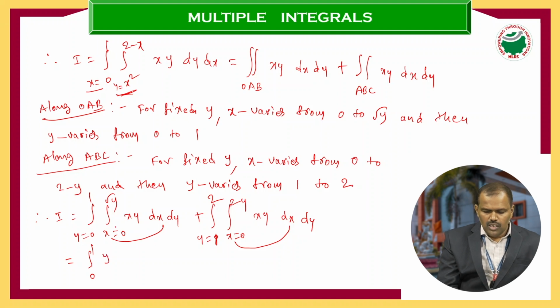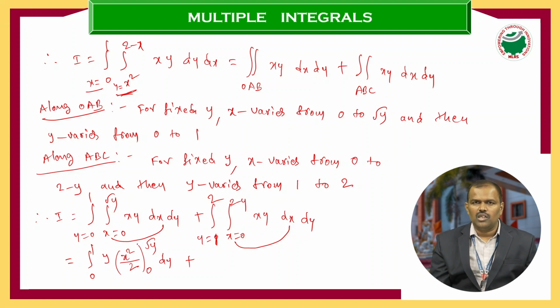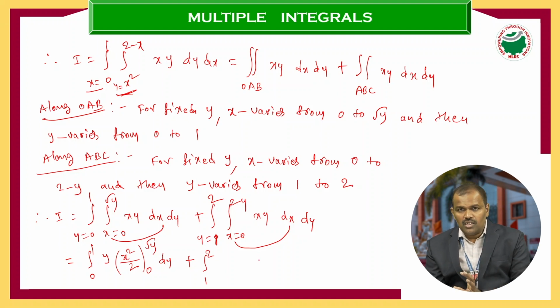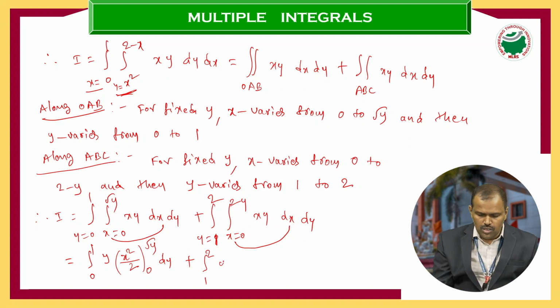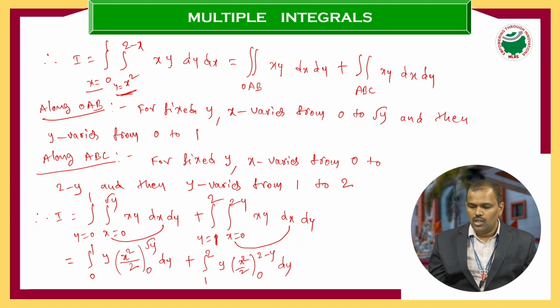So y constant, integral of x dx is x square by 2 within the limits 0 to root y, dy. This is the first integral. Coming to the second integral, in the same manner, y limits 1 to 2. First integrate with respect to x, keeping y constant. Integral of x dx is x square by 2, limits 0 to 2 minus y, dy. Then we substitute the limits, upper minus lower, so in place of x we substitute the limits.